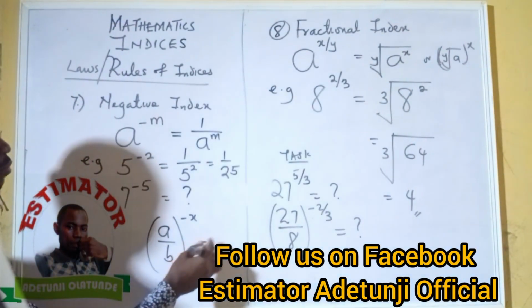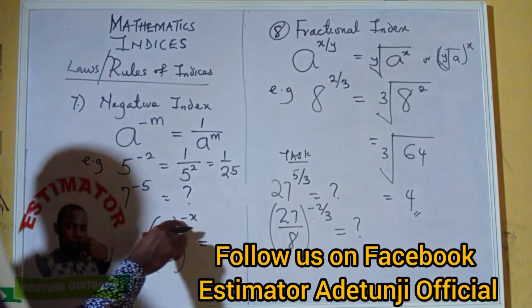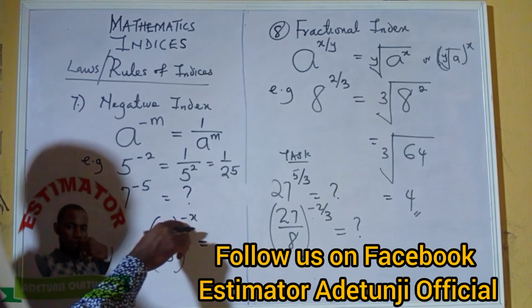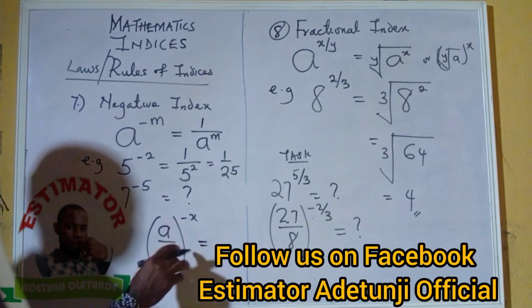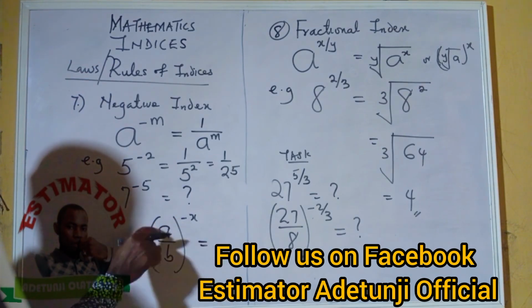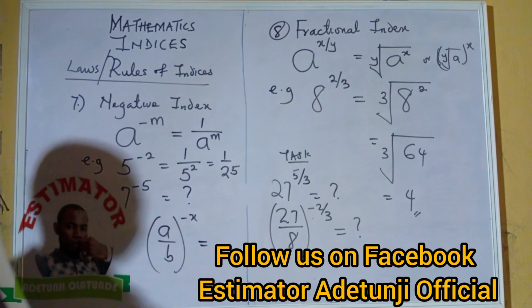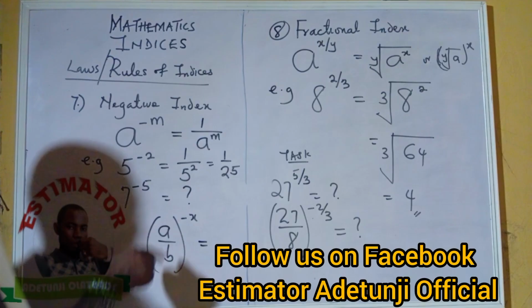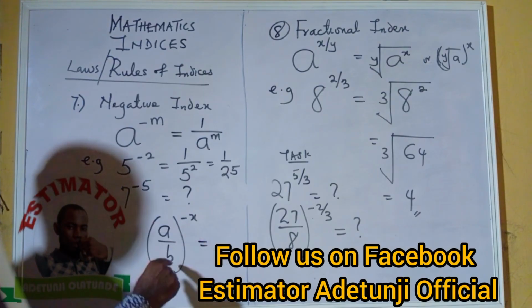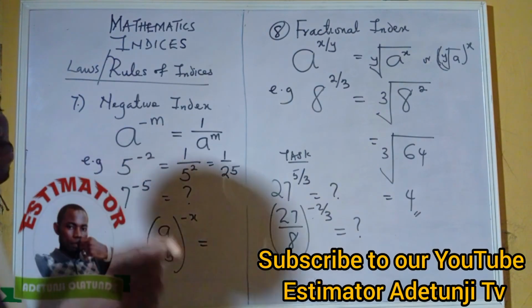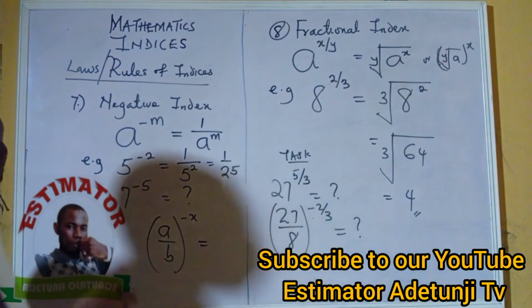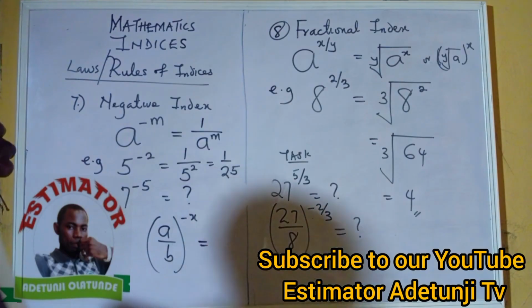What am I just saying? That whenever you have this negative sign as your exponent, the next thing you're going to do is look at the numerator and denominator. You just transform it, change their positions: let the numerator become the denominator, and let the denominator become the numerator.